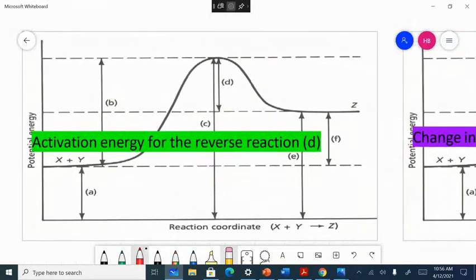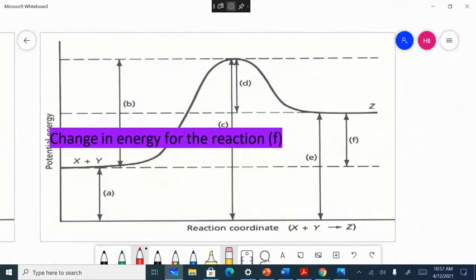Now, if this was a reversible reaction, it can go in both directions. So the activation energy for the reverse reaction is the difference between the potential energy of the products and the potential energy of the transition state or activated complex. So this distance that is measured would be the activation energy for the reverse reaction.